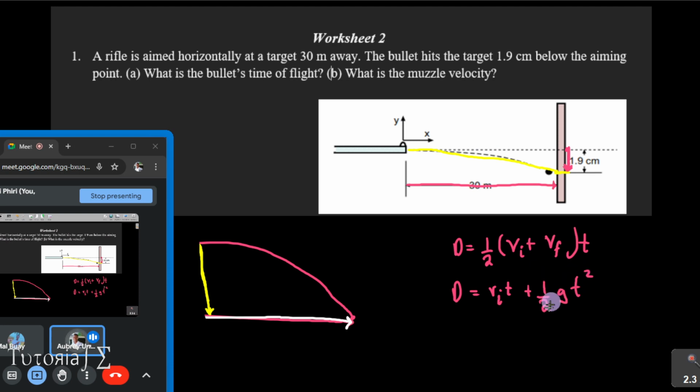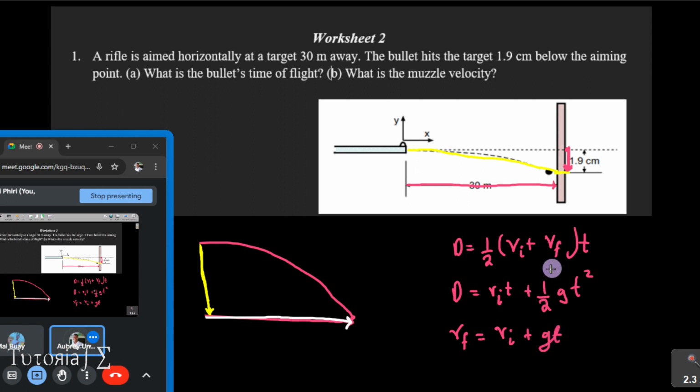Then the other one: V final equals V initial plus g t.